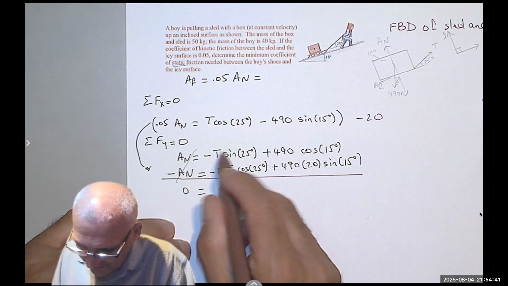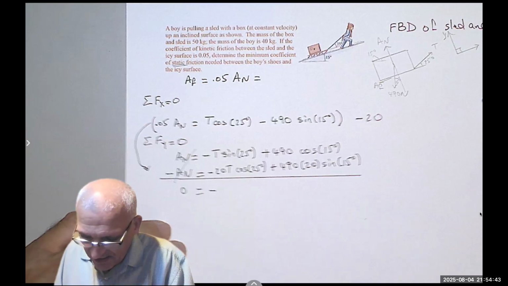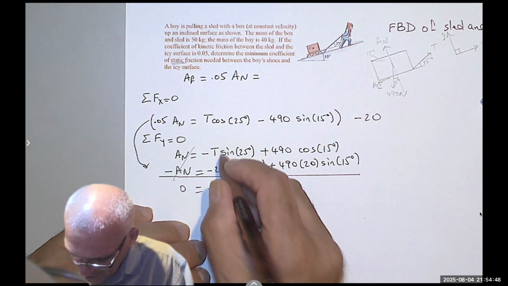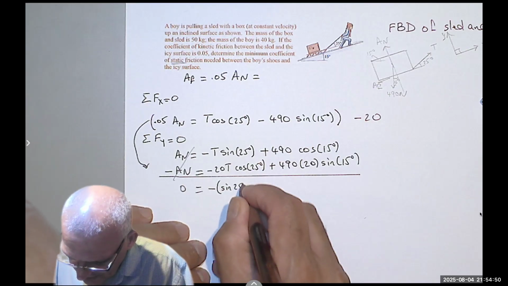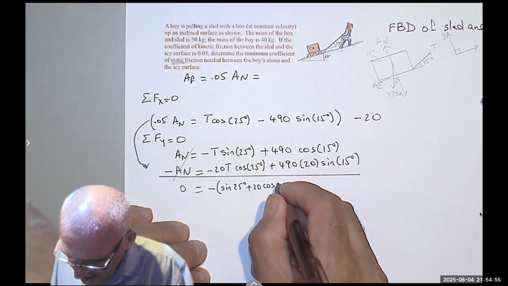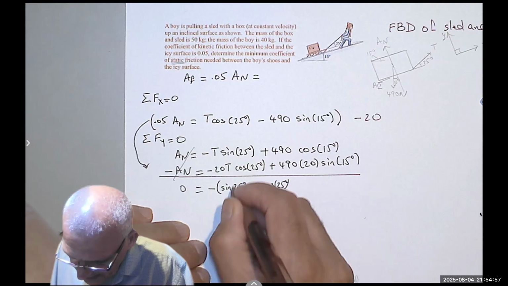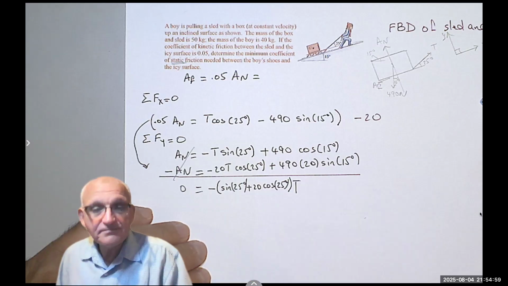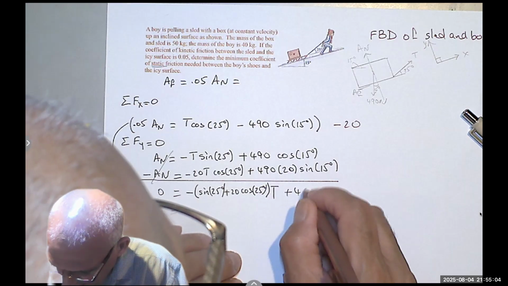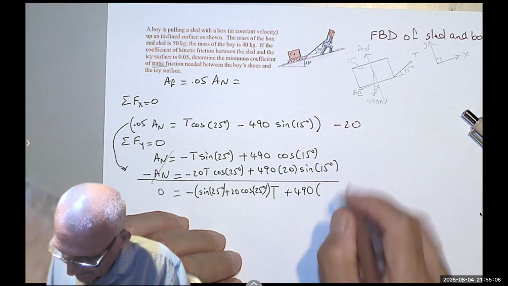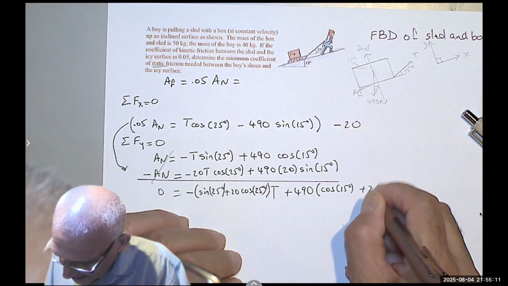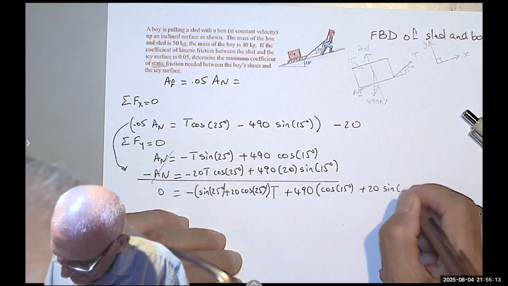And then if I take the negative sign outside, negative something times T, this would be sine 25 degrees plus 20 cosine 25 degrees times T. And then if I factor 490 here, I say plus 490 times cosine 15 degrees plus 20 times sine 15 degrees.